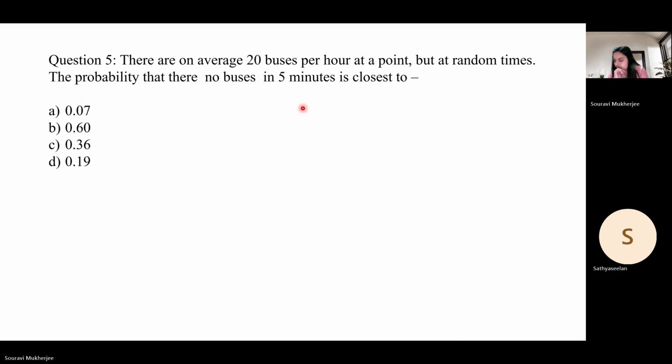Now, if there's anything that you don't understand, or if there's some doubt, you can just let me know. Or otherwise, you can just try to solve the questions based on whatever we had been discussing, right?